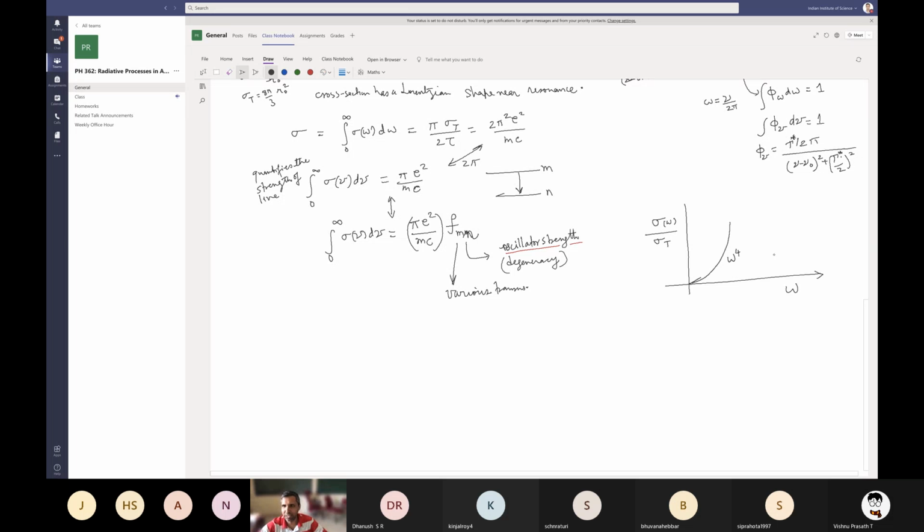And then this is some omega naught, so we write the x-axis as omega by omega naught, normalized to omega naught. So this is 1, this is the resonance, and at omega much greater than omega naught, it flattens. This is sigma t equals 1.